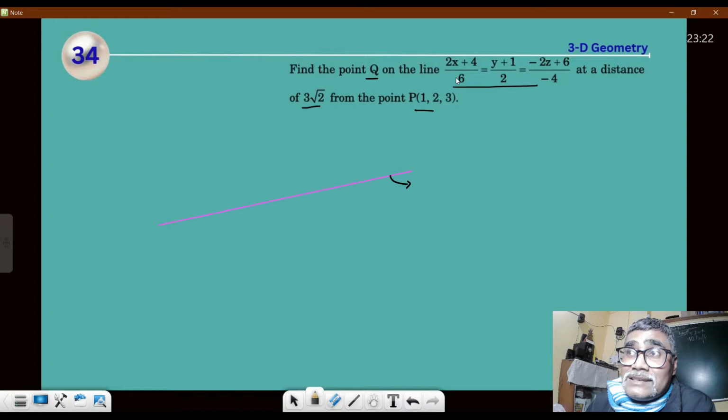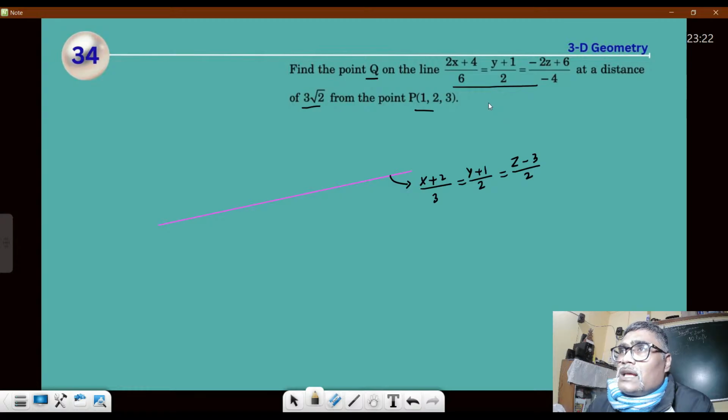By 2 I have to divide, right? So my line in the standard form will be x plus 2 divided by 3, y plus 1 divided by 2, then z minus 3 divided by 2.